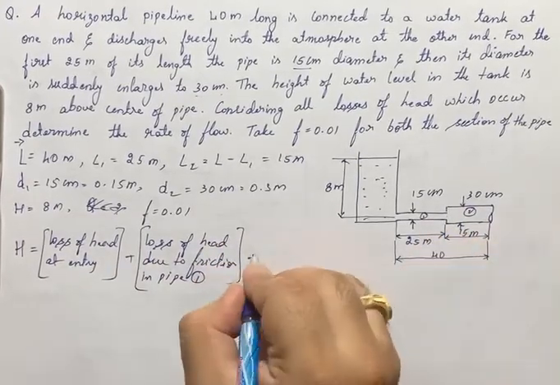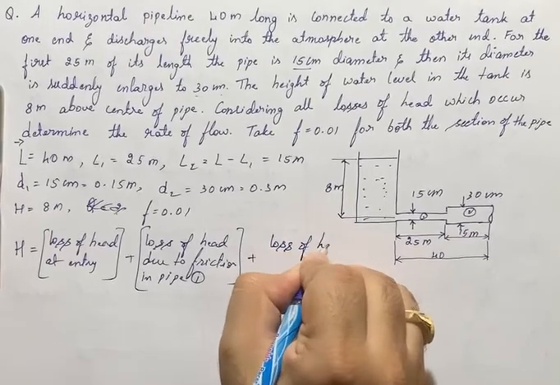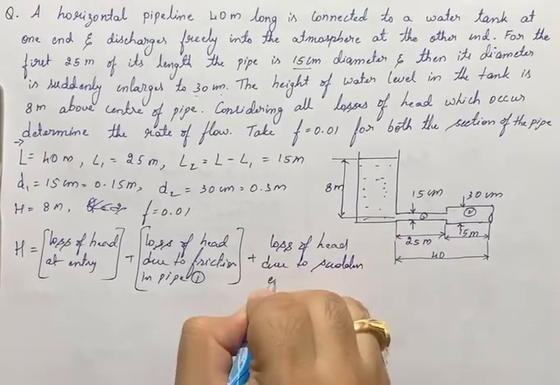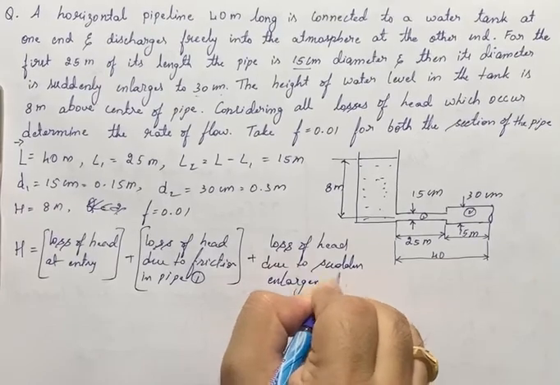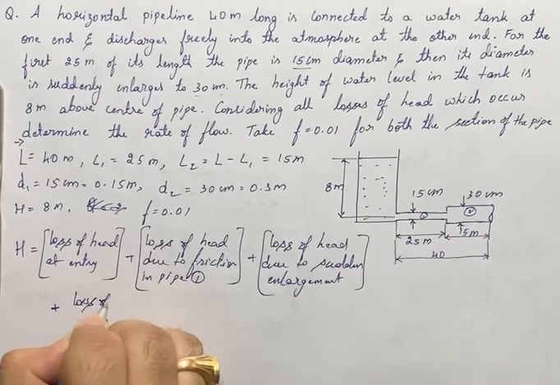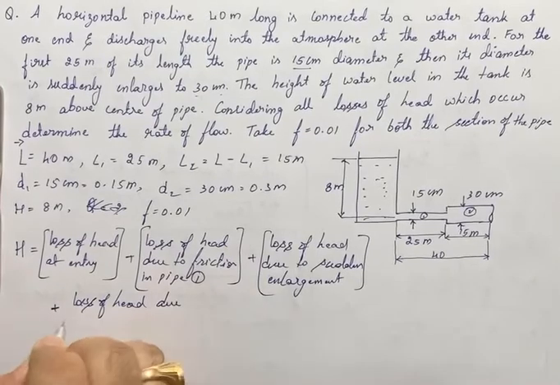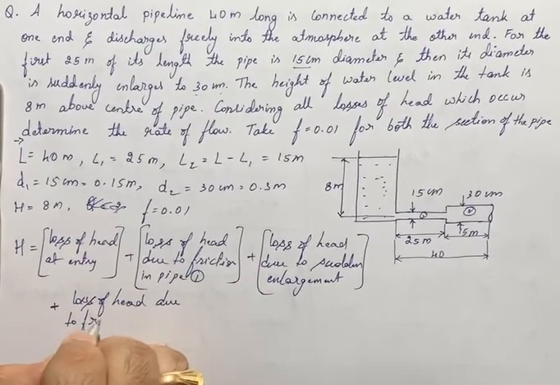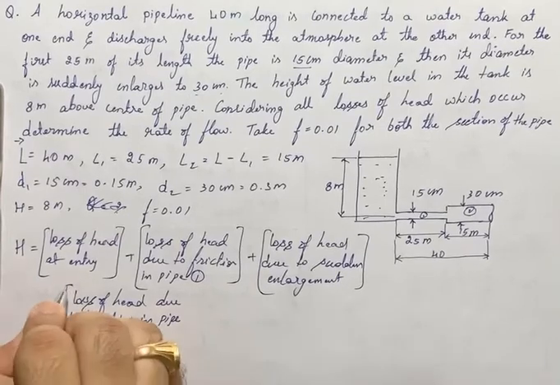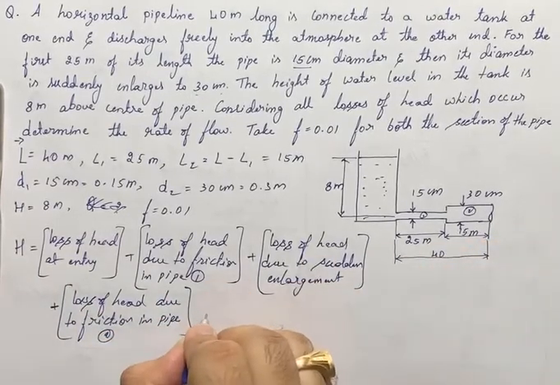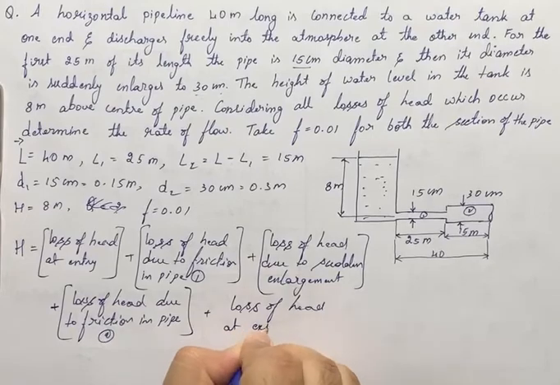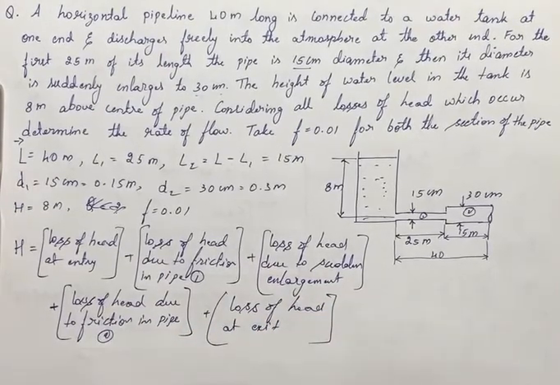Next, plus loss of head due to sudden enlargement, plus loss of head due to friction in pipe 2, then loss of head at exit. These are the losses we have here.